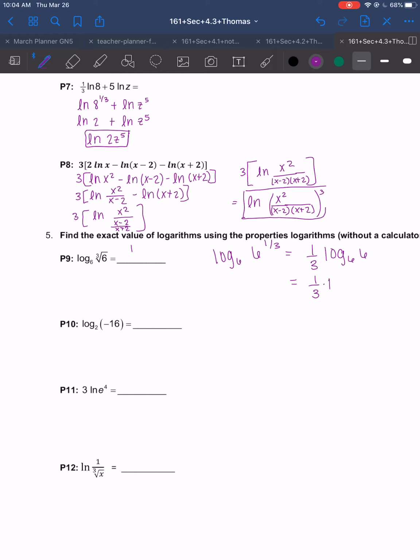So 1/3 times 1 is just 1/3. And then I have log base 2 of -1 plus log base 2 of 16. Well, that's not going to work because log base 2 of -1 doesn't exist, so it's undefined.